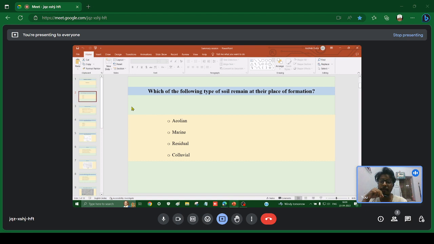So basically, this geotechnical engineering consists of the basic concepts of soil mechanics and not the foundation engineering part. That is in part two of this same subject.